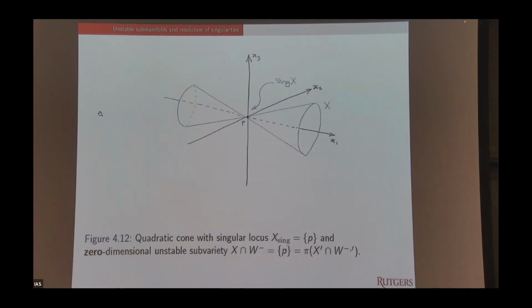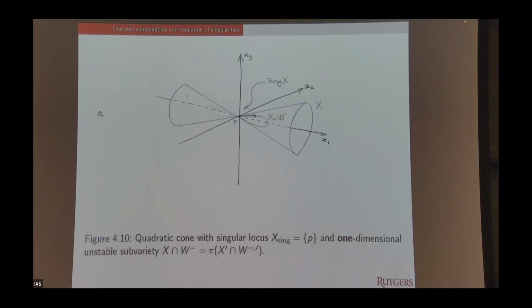So this picture is trying to illustrate the fact that when you have Morse-Bott index 0, you no longer have this guarantee that a little perturbation will ensure that some copy of your unstable manifold will survive when you project down to the original surface. In the previous picture, it was a little bit different because you have a locus here, which looks like it's in the smooth locus of the surface X, where you have points which lie below the critical point P, so you know that the Morse function doesn't have a local limit.